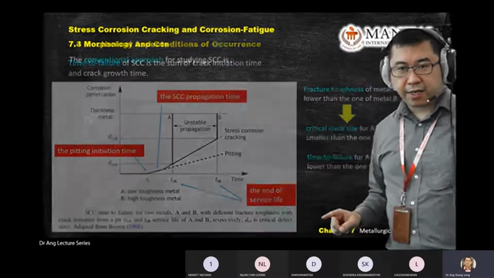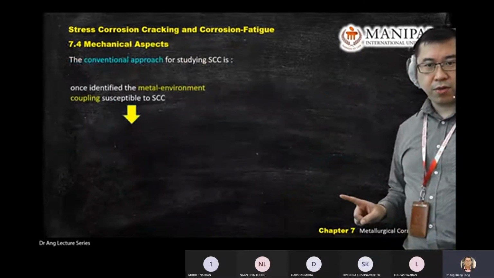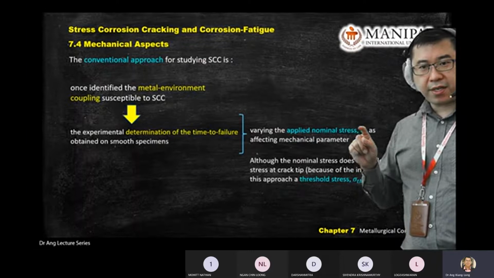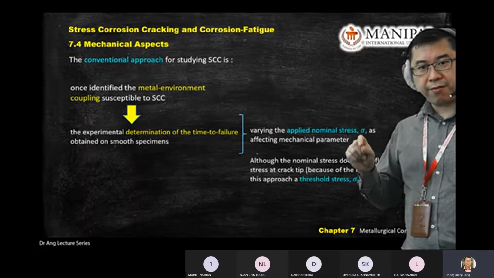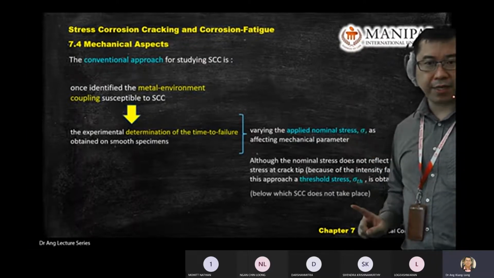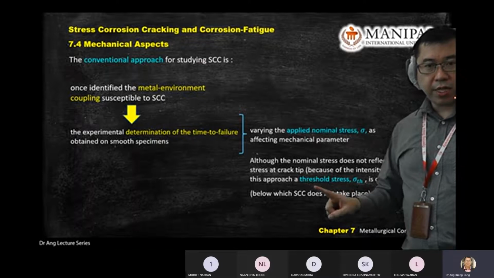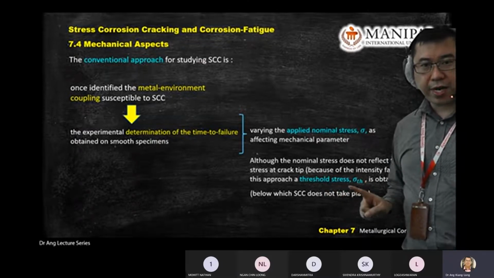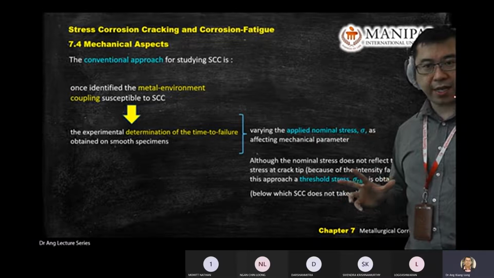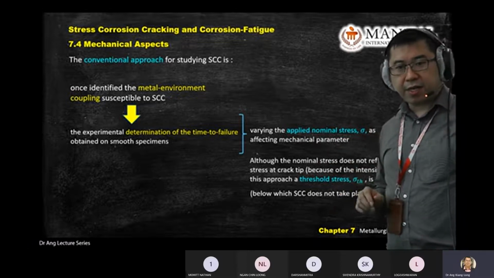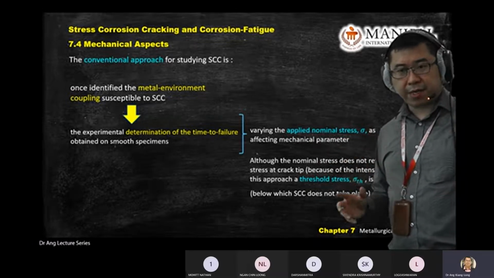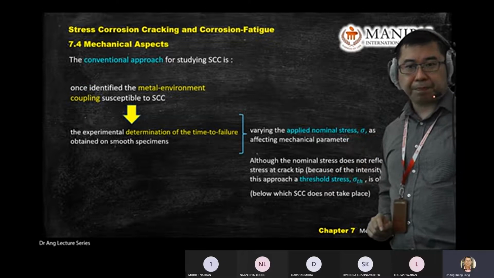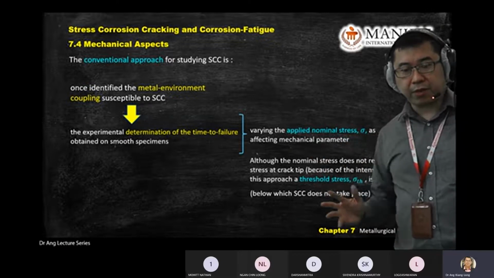From there, you can check the threshold from where the object starts to behave strangely from the line. How to determine this threshold stress, nominal stress? There is a standard, an ISO standard or ASTM standard, that you need to follow.